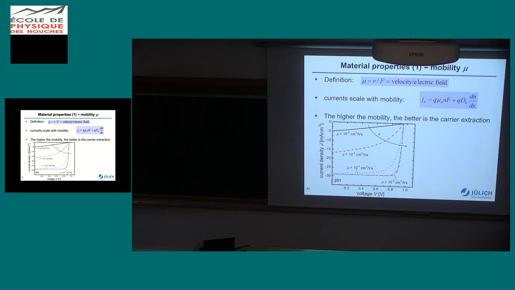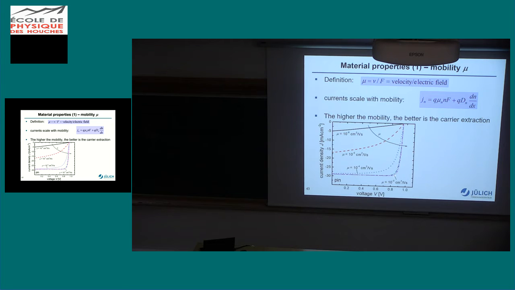And you see that's a very nice IV curve, high voltage, high current density, much higher than you would get in a real organic solar cell. It's just to show here what is now happening if I reduce the mobility. And you see the mobility here is reduced by an order of magnitude in each step.